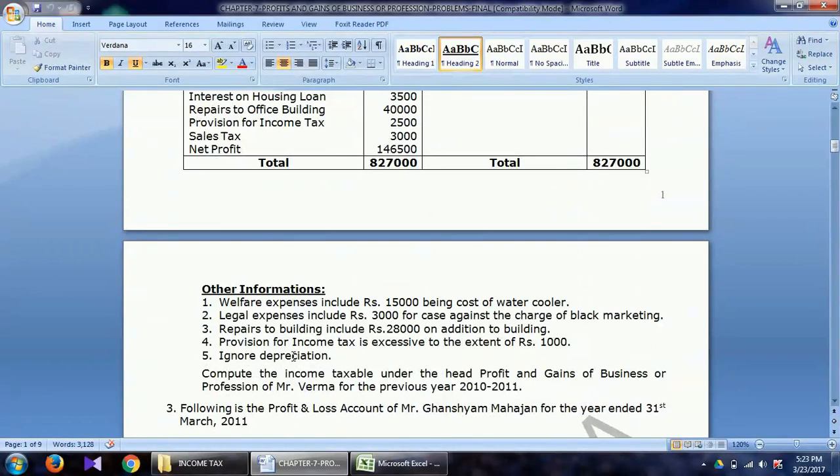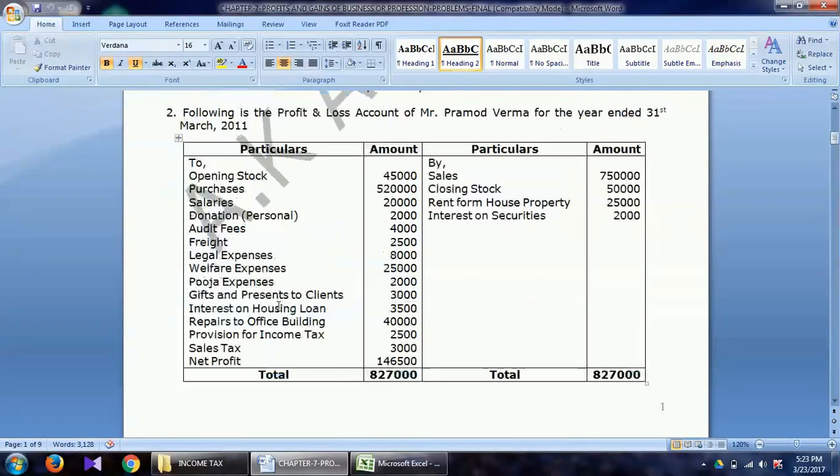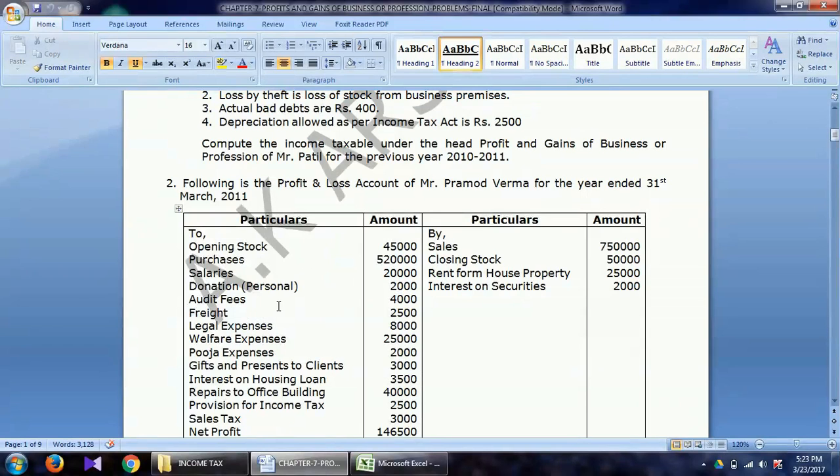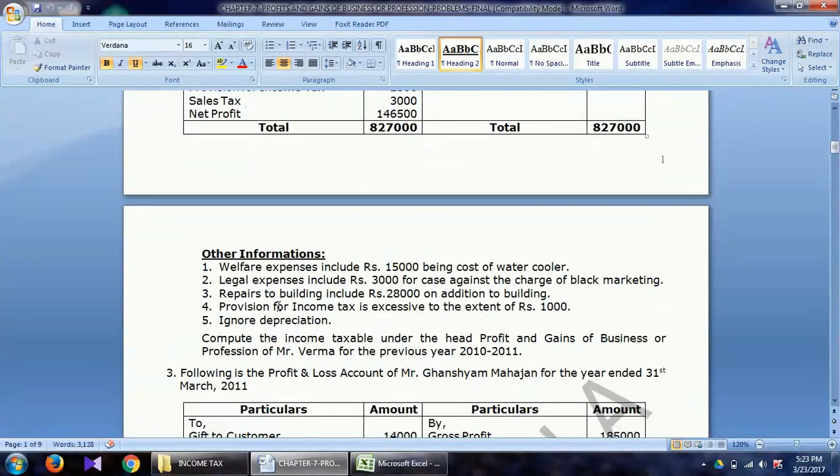When we look at the adjustments, in the welfare expenses, 15,000 relates to the purchase of a water cooler. It is a capital expenditure, it will be disallowed here. Legal expenses include 3,000 against the case charge of black marketing. Repairs to the building include 28,000 on addition to building. Provision for income tax is excessive by 1,000 rupees.